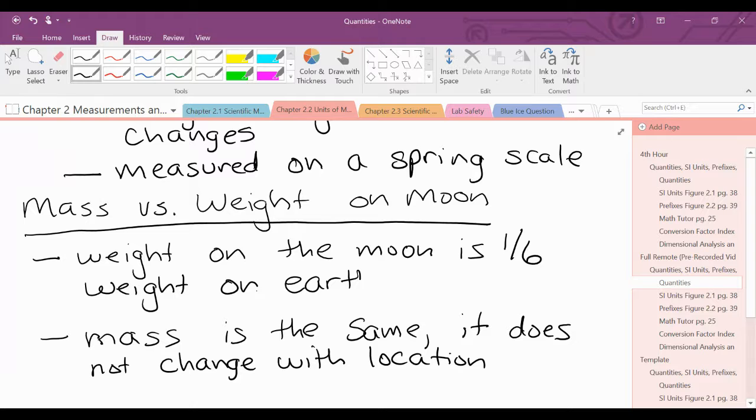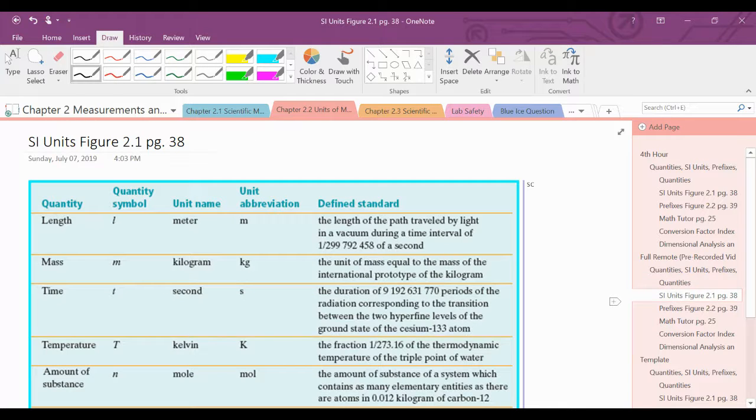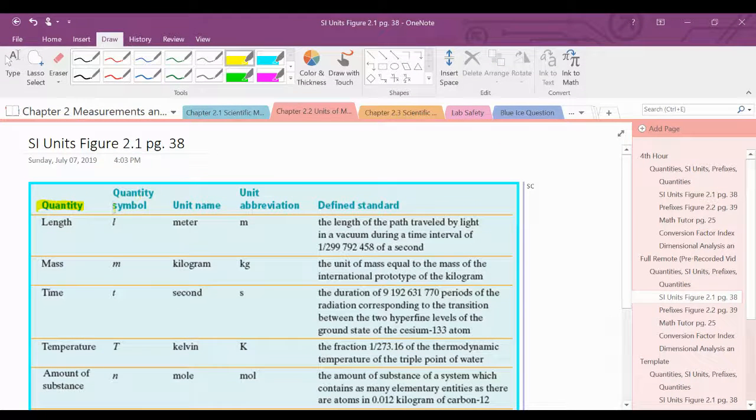So now what we want to do is look at the SI units. This is a figure in your textbook that I'm pulling up. It's figure 2.1, page 38. Just a few things we'll go over. Length is the meter. You notice that you have the quantity, the symbol, the unit name, and the unit abbreviation.